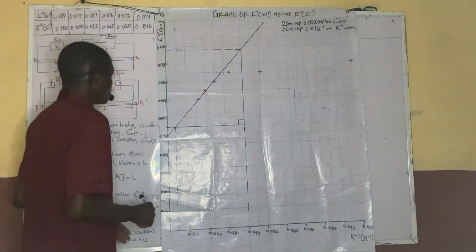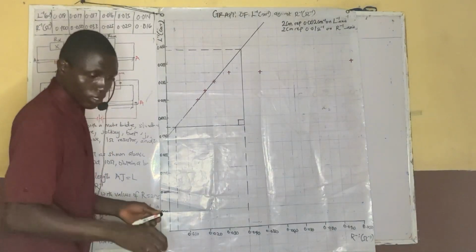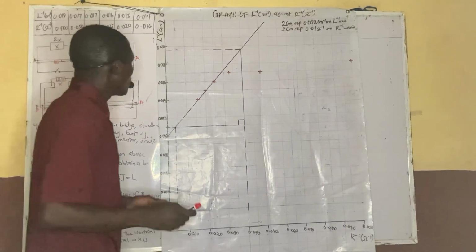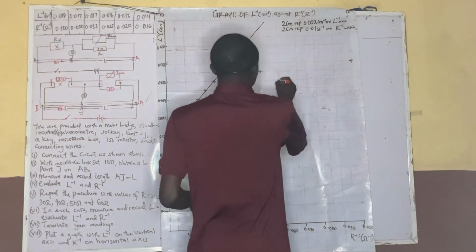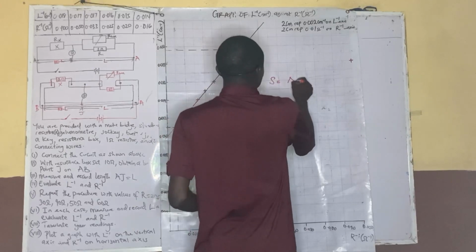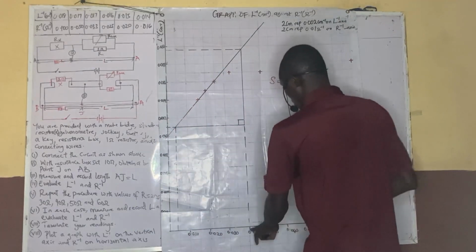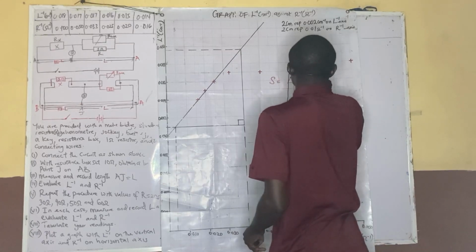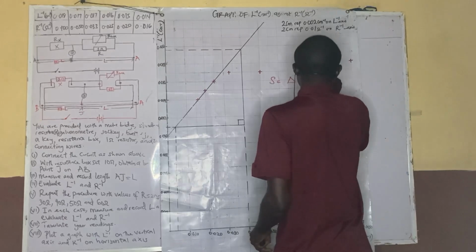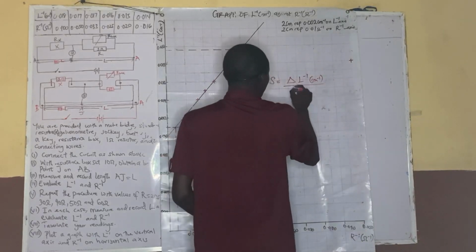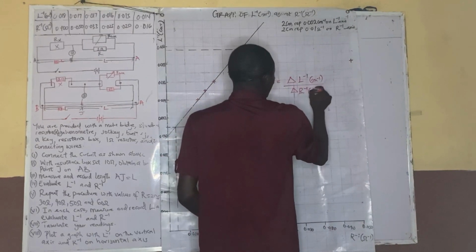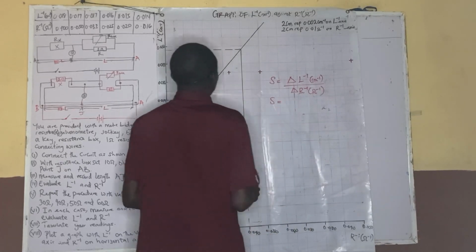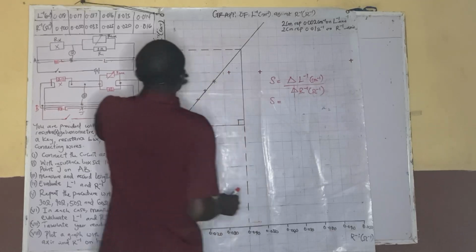So now let's quickly calculate the slope. So what is the slope? Now this slope S will be the change in L inverse per centimeter all over the change in R inverse. So what is our change in L inverse?